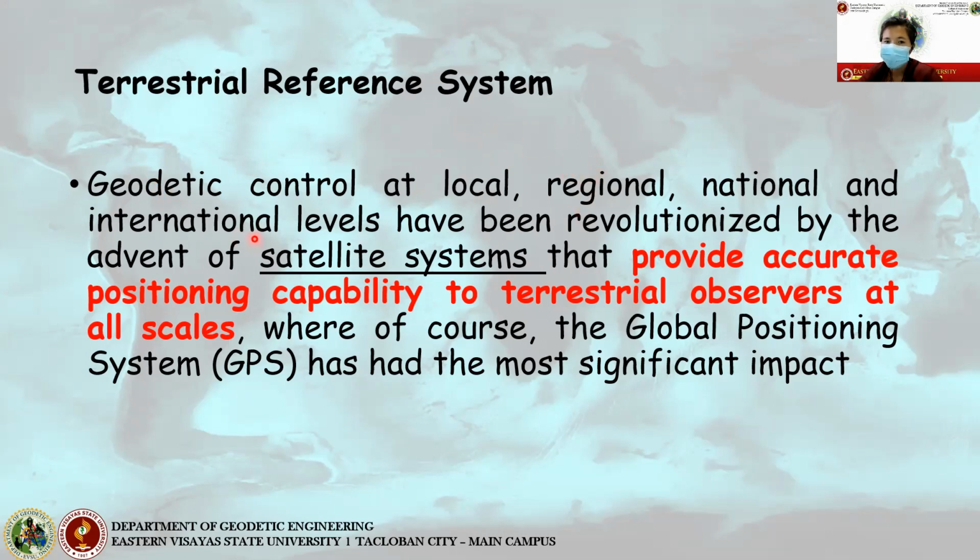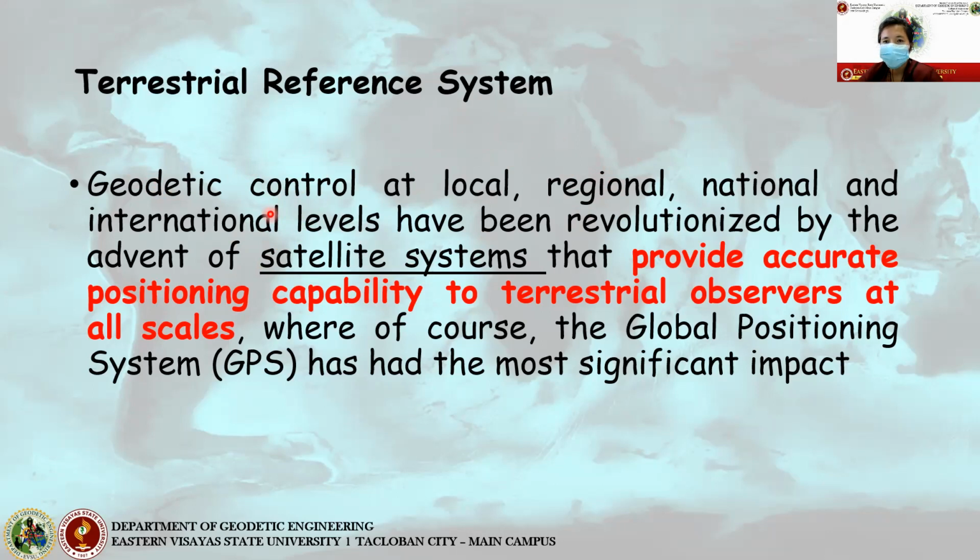and international levels, which have been revolutionized by the advent of satellite systems. Because GPS is now readily available, we have advanced technology, so the establishment of these monuments becomes accessible. This also becomes more accurate than ever before.